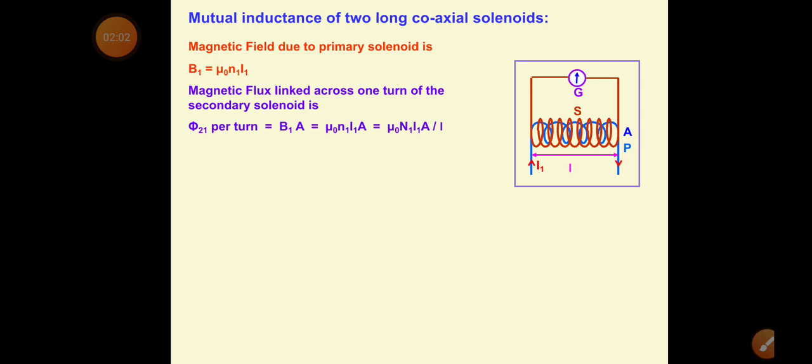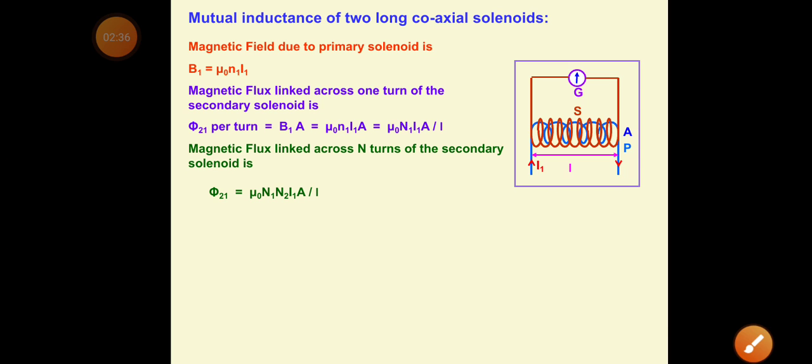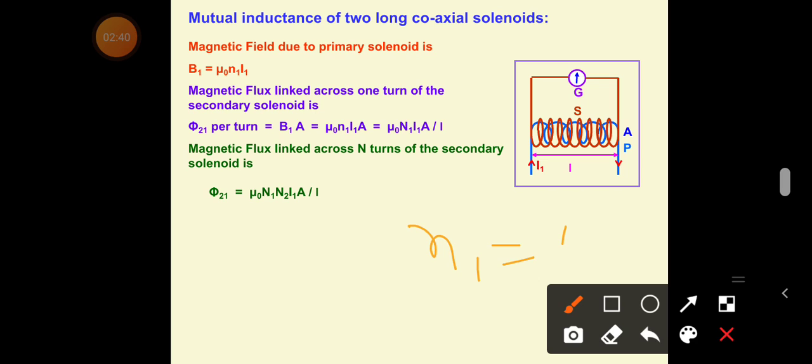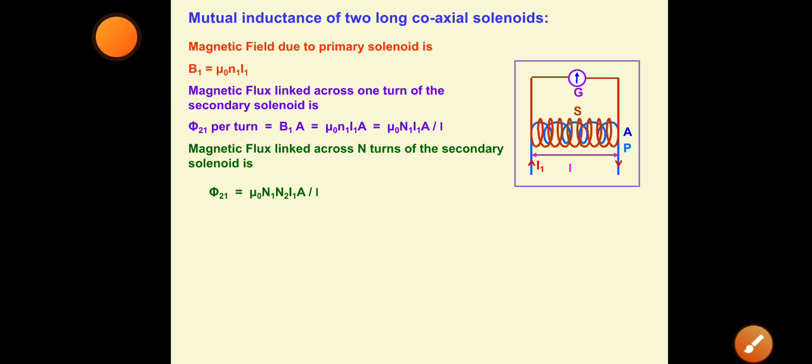If I replace n1 as capital N1 upon L, then phi 21 per turn is equal to mu 0 N1 I1 A upon L, right?